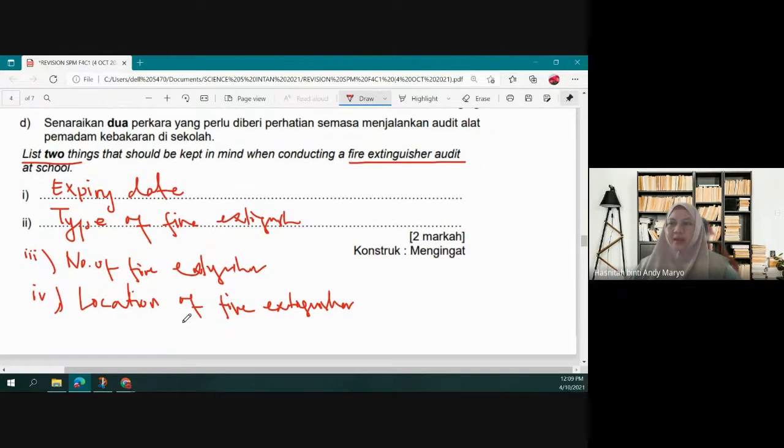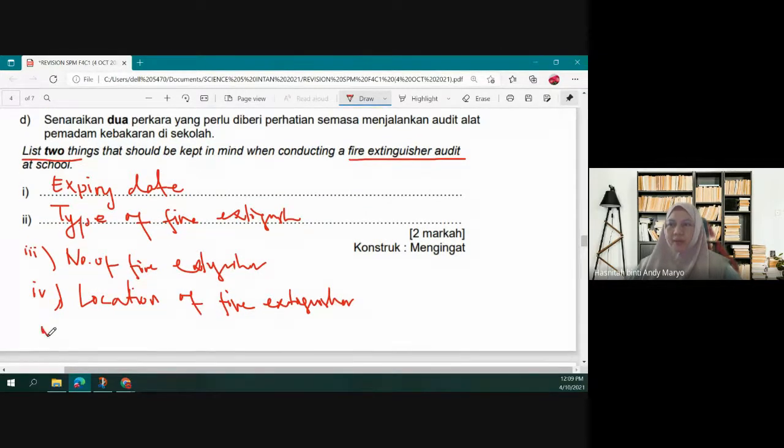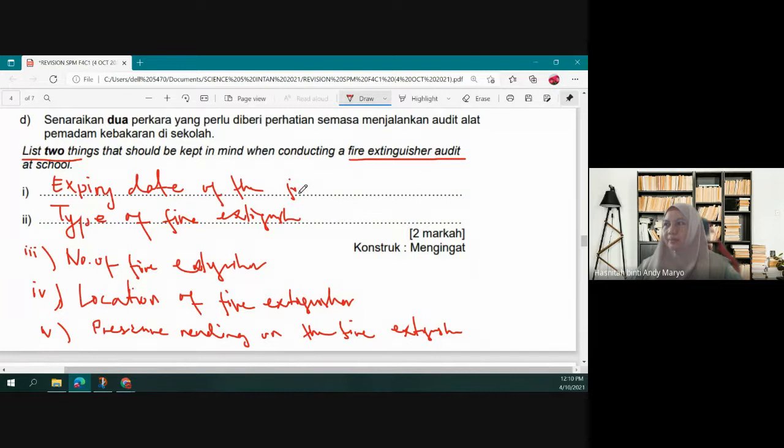And then there's another option you can write, number 5. This is the pressure reading. The pressure reading on the fire extinguisher. Ini pun sama lah, expiry date of the fire extinguisher.